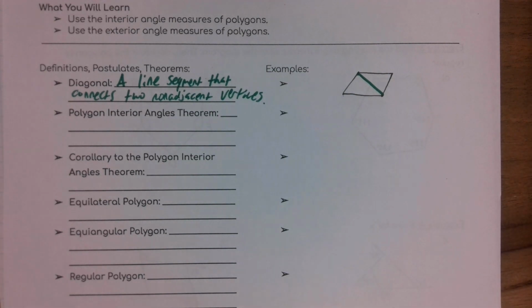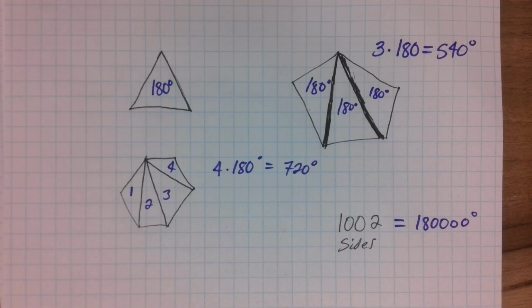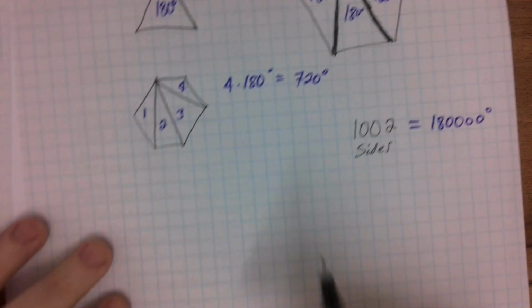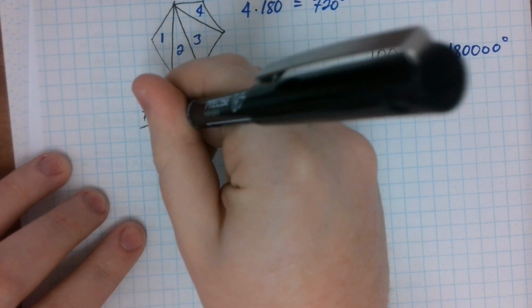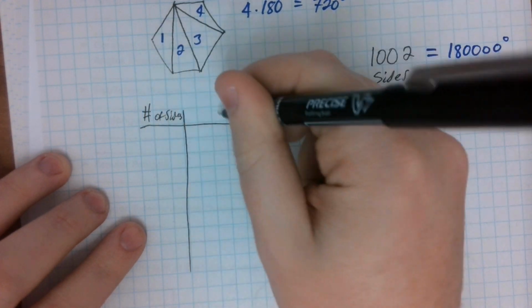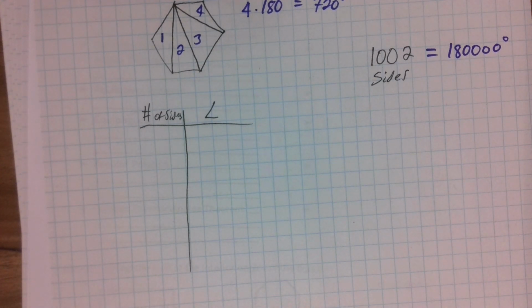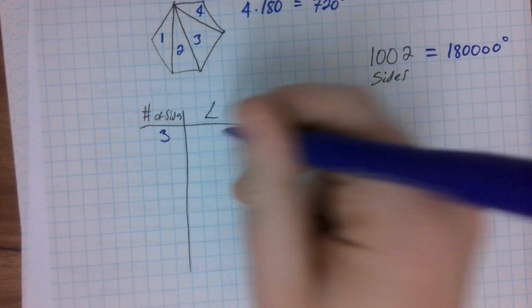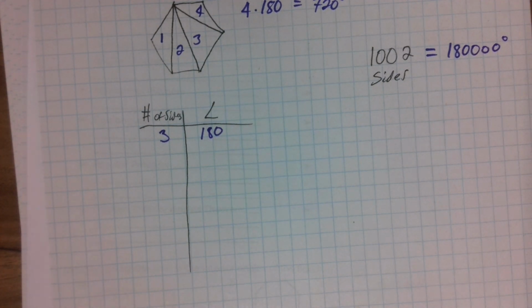The theorem goes like this. Let's make a table of all of these values for the number of sides of a shape. So here we have number of sides. Here we have angle. We know that a triangle has 3 sides. It makes 180 degrees total.